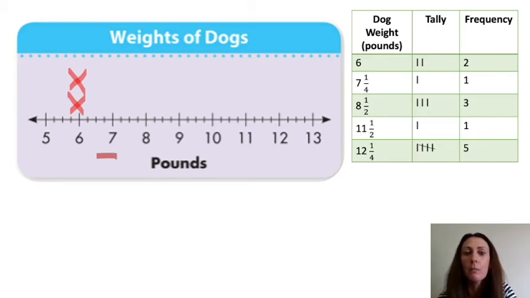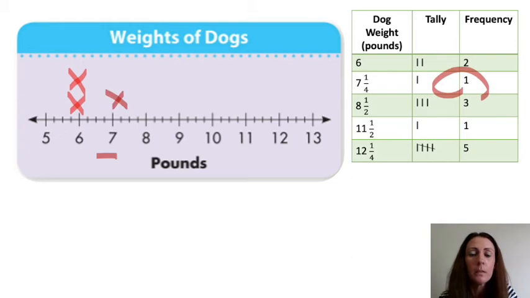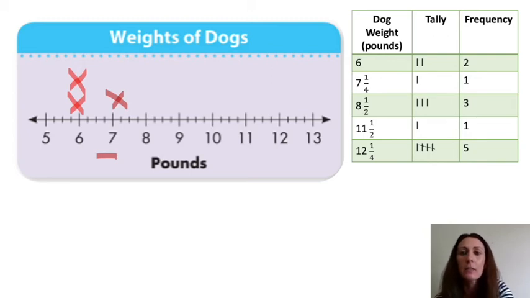And then the third mark would be, right, 3/4, because we're counting up by fourths. So here's 7 1/4. My frequency table is telling me that I need 1x over 7 1/4. So there it is. Then I have this one checked off, I have this one checked off.